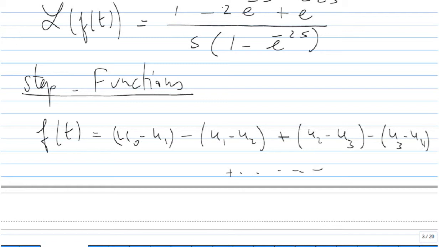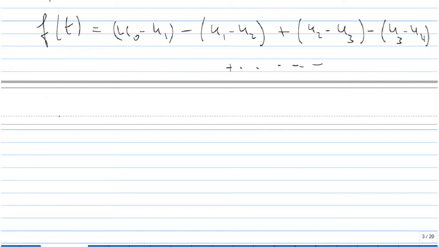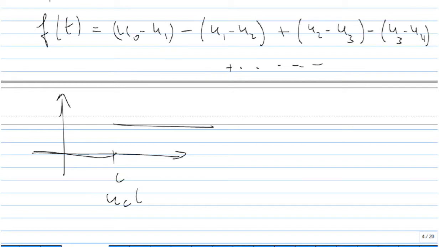So remember that uc is the function that jumps at c, so it's 0 and 1. That's uc of t.